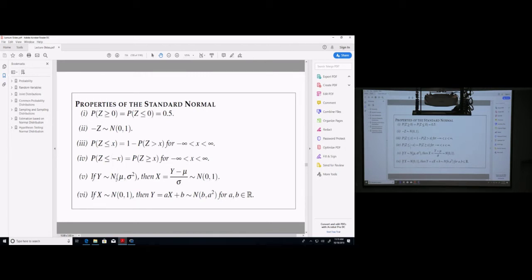This is where the usefulness is. If you have just a normal distribution with mean mu and variance sigma square, this is what we call standardization, subtracting the mean. So you move the mean to 0, and you rescale so that the standard deviation is equal to 1.